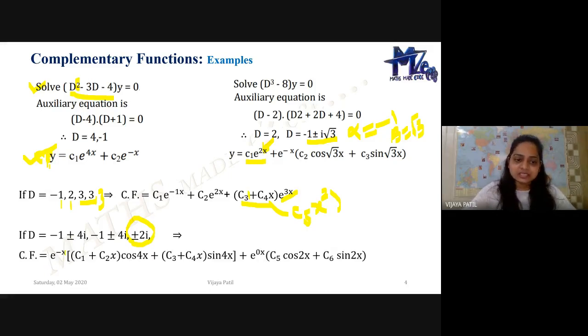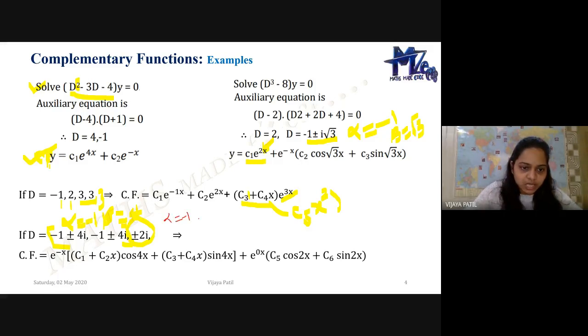CF will be written as, if you observe, in this pair, alpha is -1 and beta is 4 in this particular example.